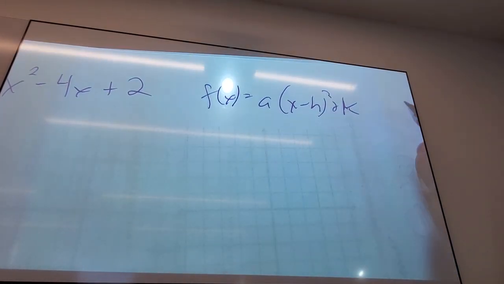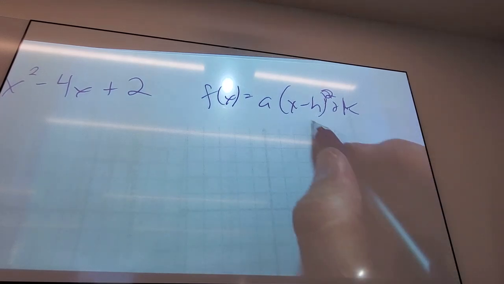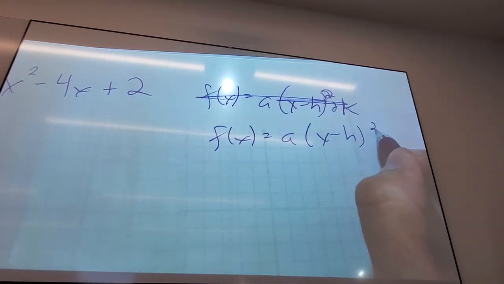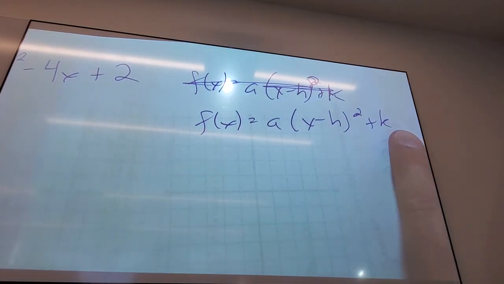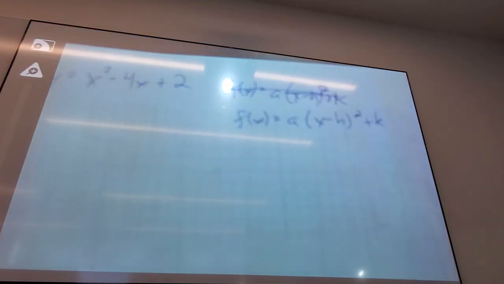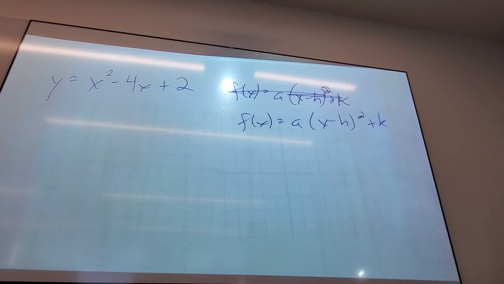Because if you saw this, what would the vertex be? It would be (h, k), yeah? That's not in this form. It's sort of like putting something in the form y equals mx plus b and then everything falls into place. So here we go. Let's see who gets this.